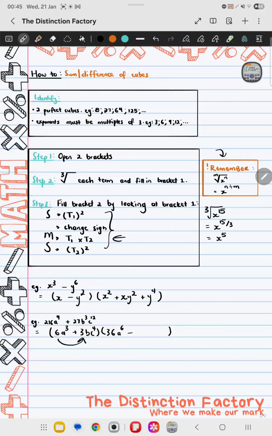So 6a cubed times 3bc to the 4 gives us 18 a to the power of 3, b and c to the power of 4. Lastly, we need to square our second term. So we're taking this and we are going to square it. 3 squared becomes 9, b becomes squared, and it'll be c to the power of 4 times 2, which is 8.